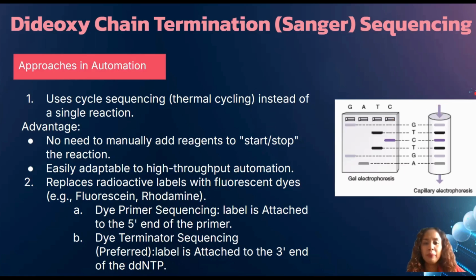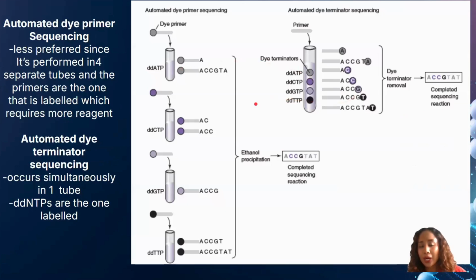So these are the new ways of how Sanger sequencing is labeled. For dye primer sequencing, the dye is attached to the primer, while for the automated one, the dye is attached to the ddNTP. Notice which one is shorter, which one uses fewer materials.